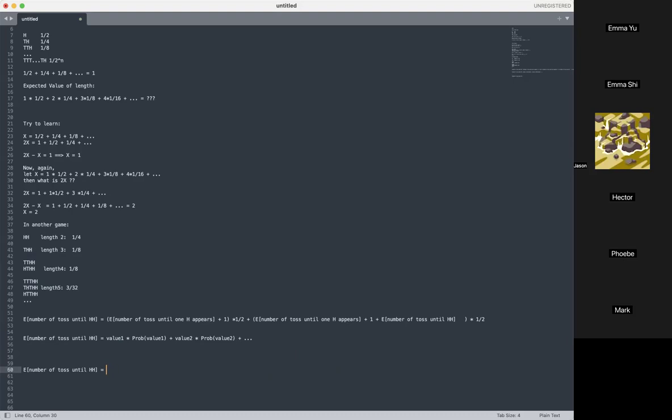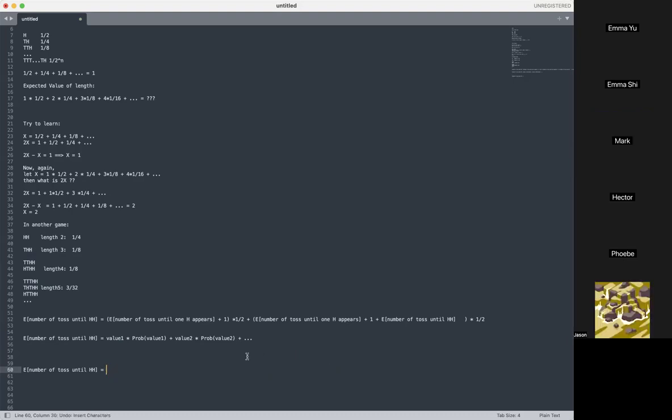The value here is the total number of tosses, right? The total number of tosses, or we can write it this way. The value here is also the length, right? The length of case one times the probability of case one.